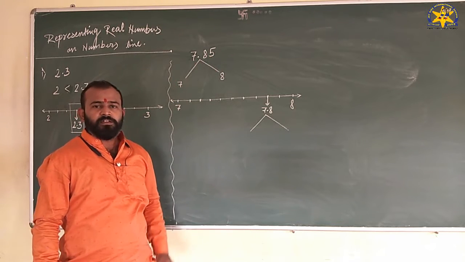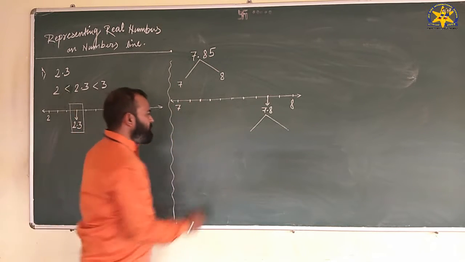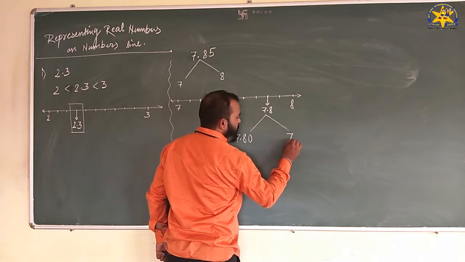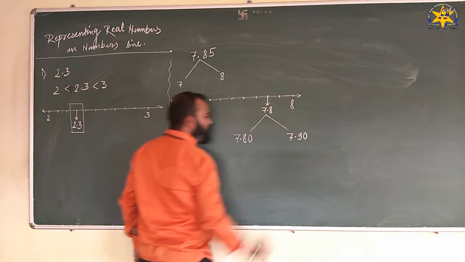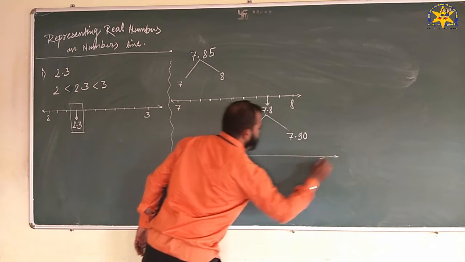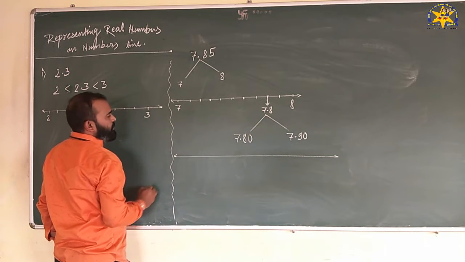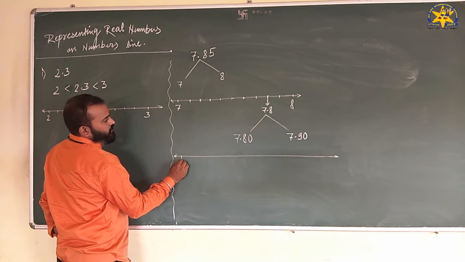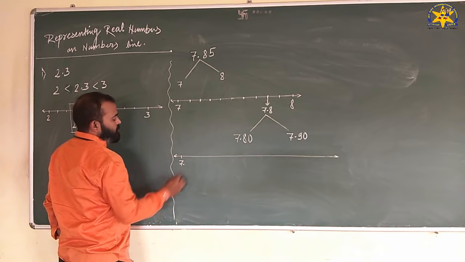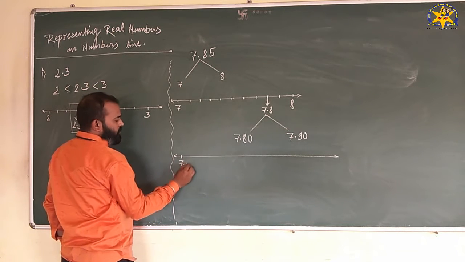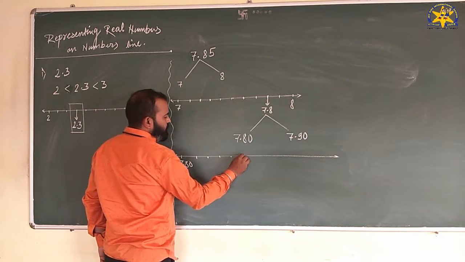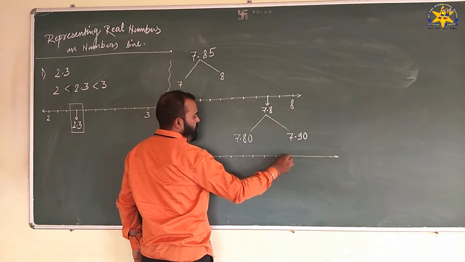Again zooming, because we want 7.85. 85 comes between 80 and 90, which means between 7.80 and 7.90. Now see where it will come. Here 7.80, 1, 2, 3, 4, 5, 6, 7, 8, 9, 10.